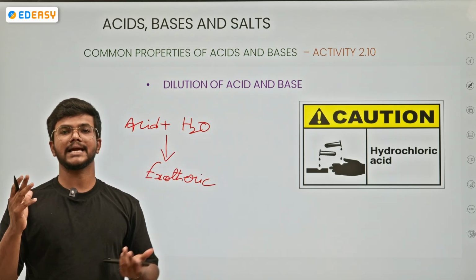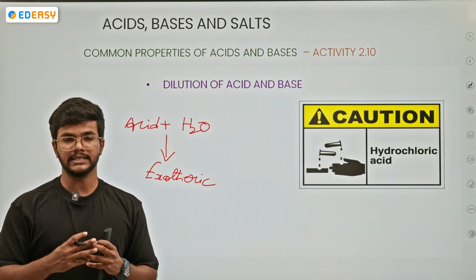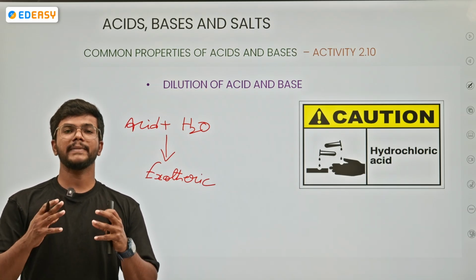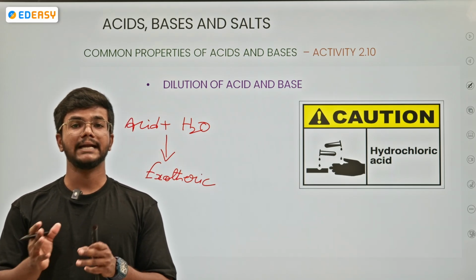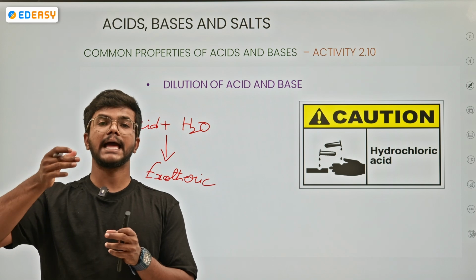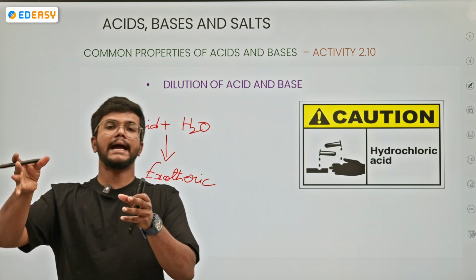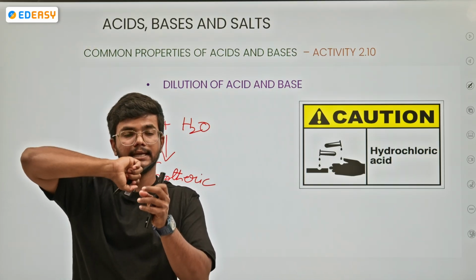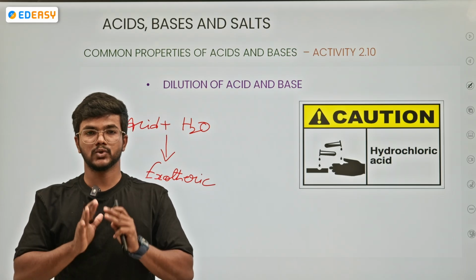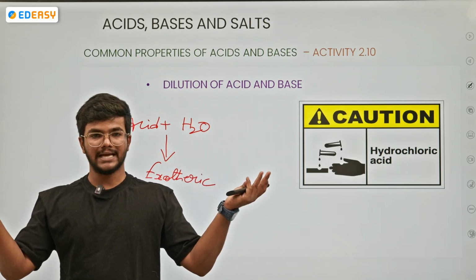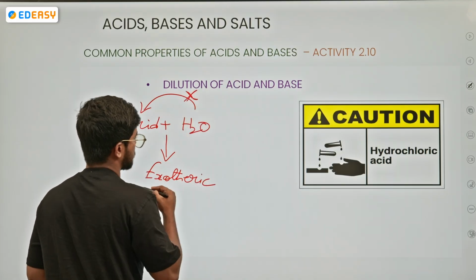When acid reacts with the water, it releases a high intensity of heat that makes the solution splash out. So you should not add water directly to the acid, because it releases heat, which is highly exothermic, and the solution will splash out. So water is not added to the acid.